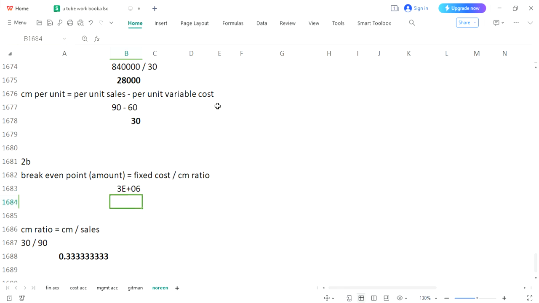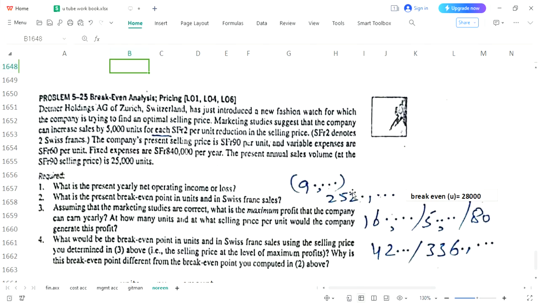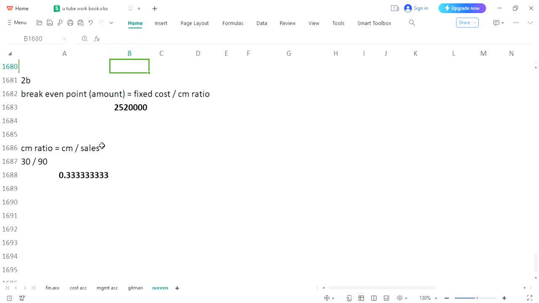So we have finally break even point, which is in terms of dollars, and it needs a little more space. So this is 25 lakh 20,000 break even point, which is present over here. 25 lakh 20,000 is calculated over here.